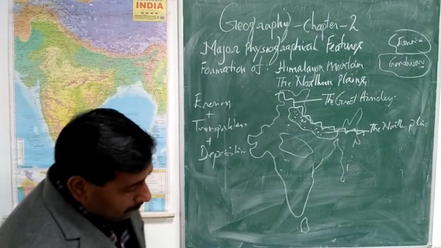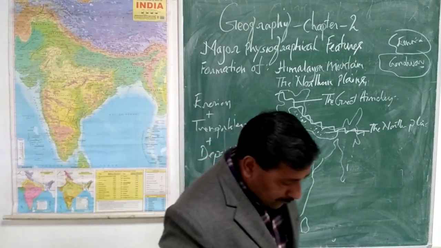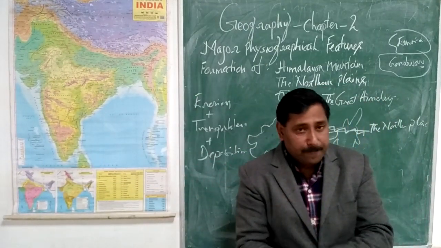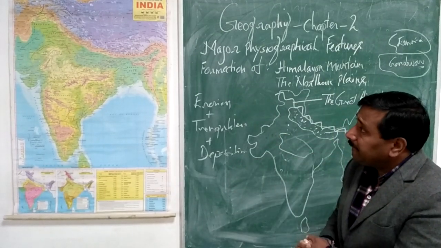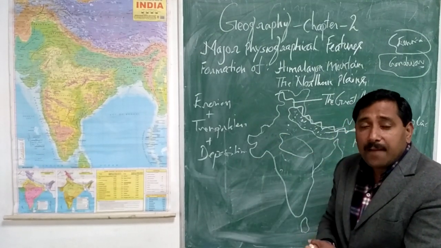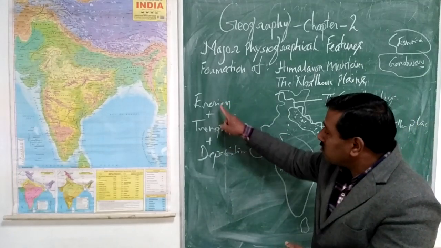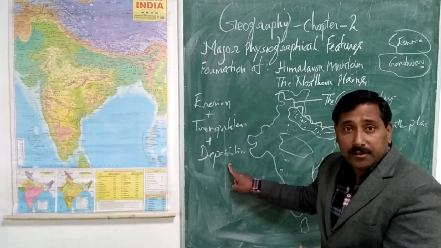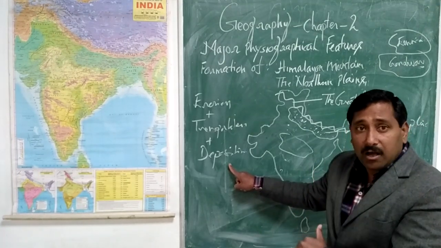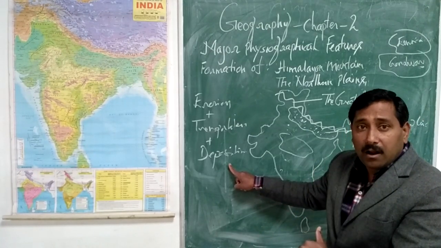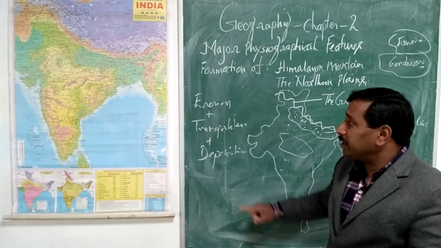Now, the northern plains have been formed, as I discussed, by three major river systems. We have to keep in mind the processes of erosion, transportation and deposition. Which rivers resulted in this?